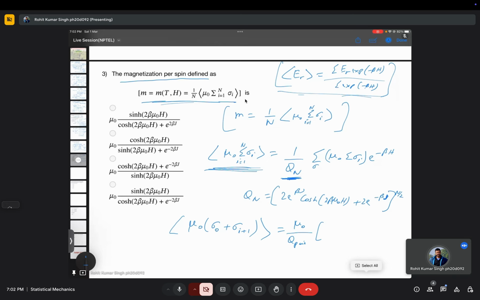This is the partition function of the pair that we have calculated earlier, right? And you can check that this will be just this thing, okay?